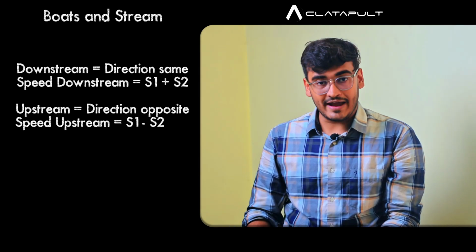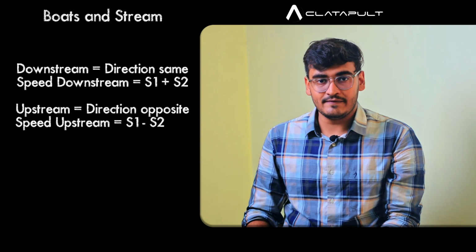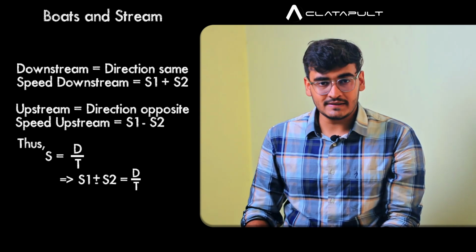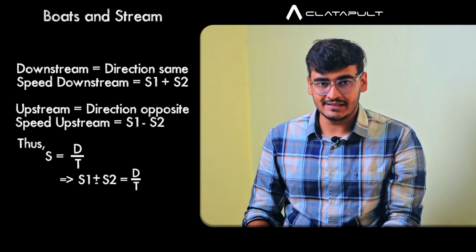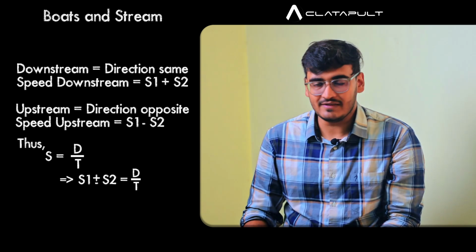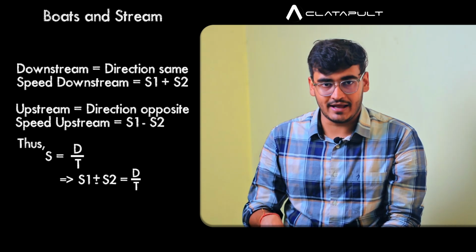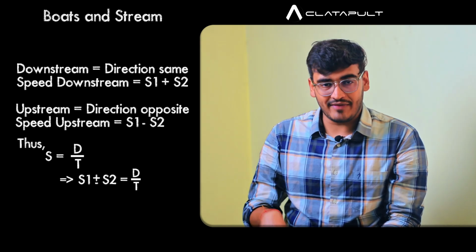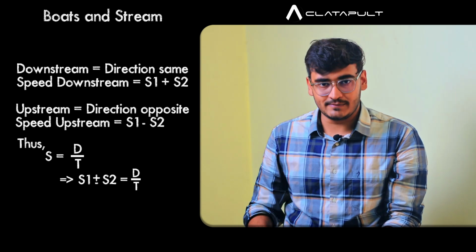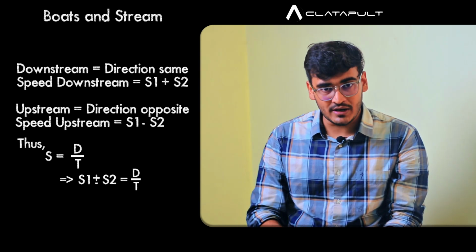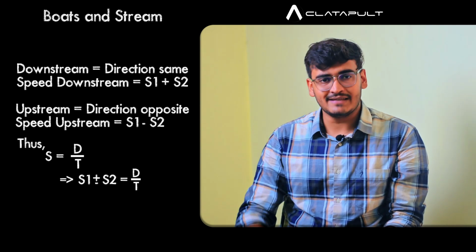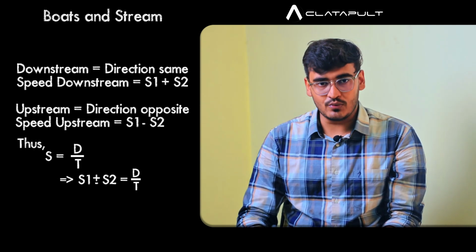Now the final formula that we get in this boat and stream chapter is S1 plus or minus S2 equals d by t, because since we have one boat only in this question, we will only have one length. However, since the boat and the stream both have a speed of their own, we will have two different speeds. So the final formula becomes S1 plus S2 if it is speed downstream, or S1 minus S2 if the speed is upstream, equals d by t.